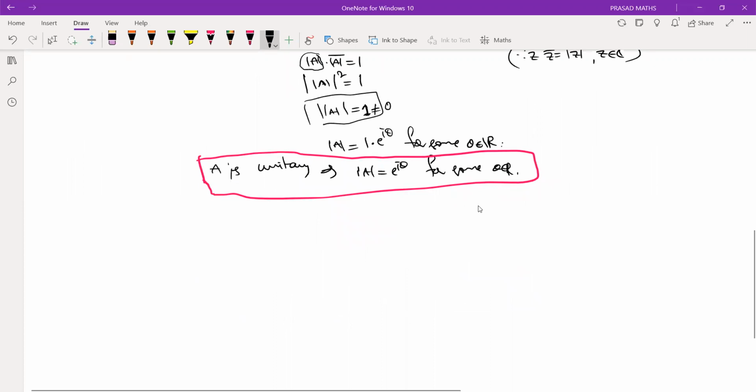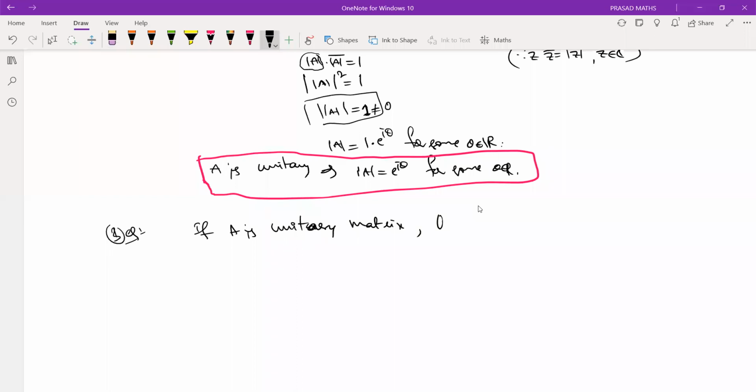Suppose we take this. So if A is a unitary matrix, then which of the following is true?